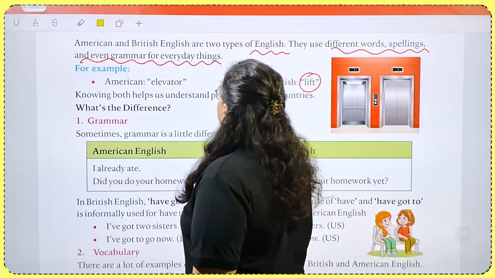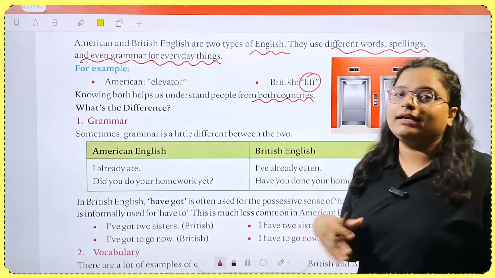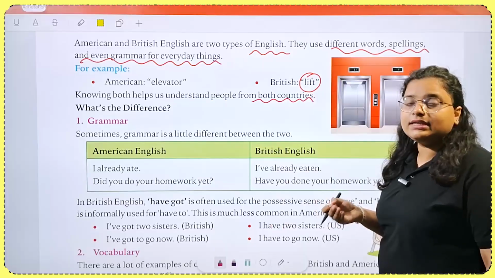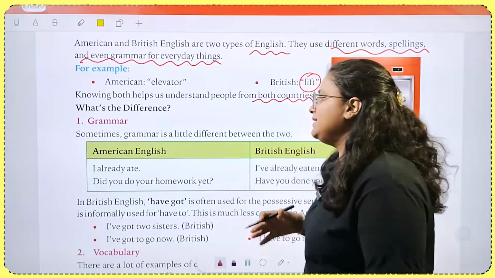Knowing both helps us understand people from both countries. So it helps us understand the language of both countries easily.